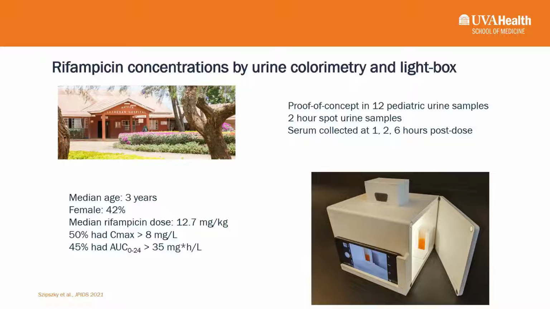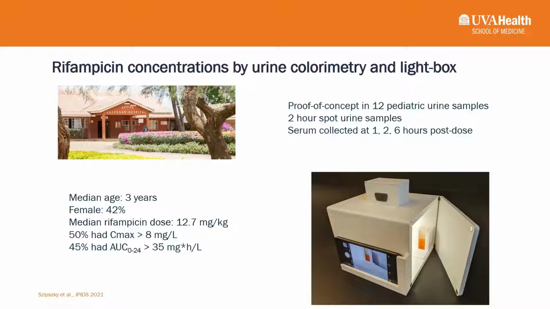The patients provided a 2-hour spot urine sample, but the serum blood was collected at 1 to 6 hours after the medication dose. The serum was measured using HPLC, which was then used to calculate area under the curve.